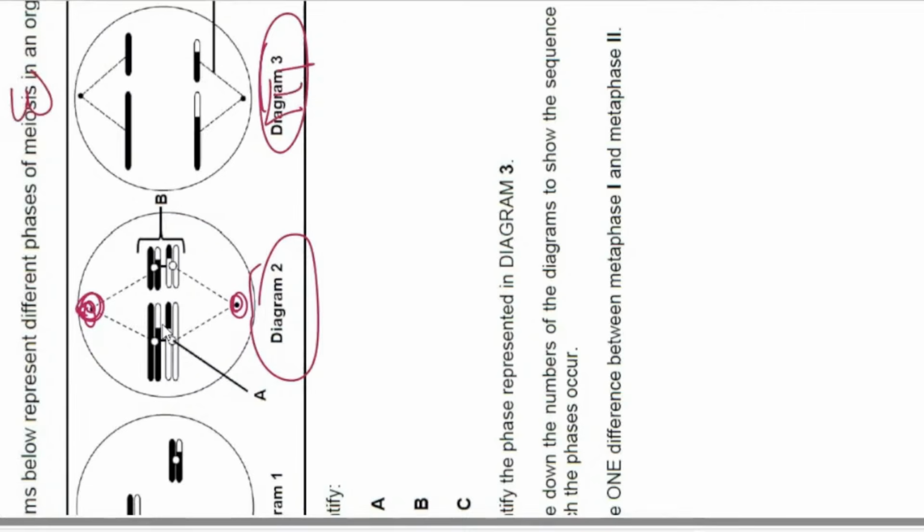It must move east to west. If it's not straight with the paper, turn it, because then you will be able to identify the actual phase. In this case, because there is a space here, it means it is anaphase, but because it is single, it's going to be anaphase 2.